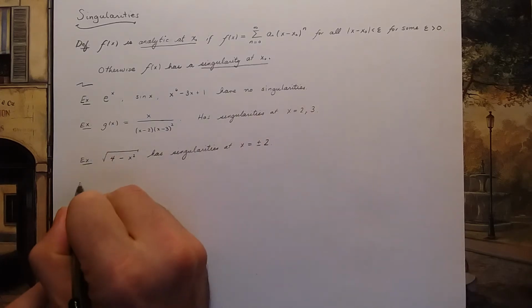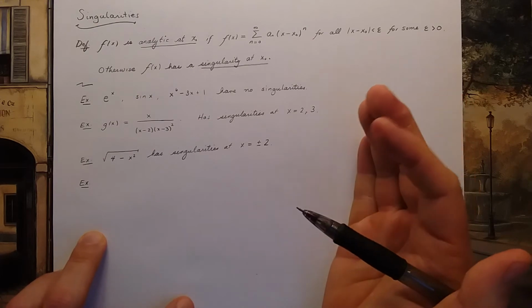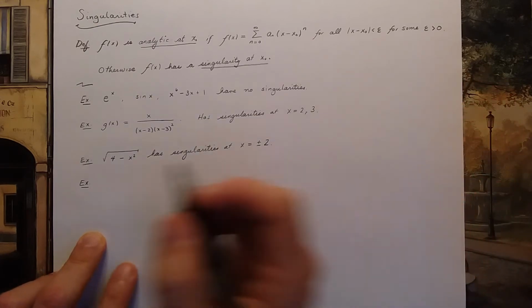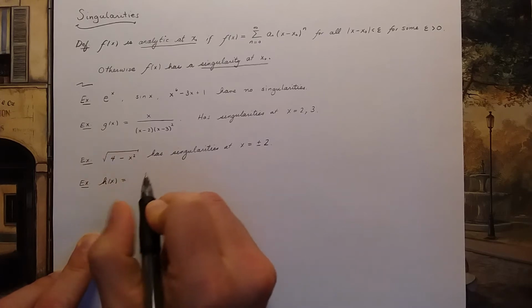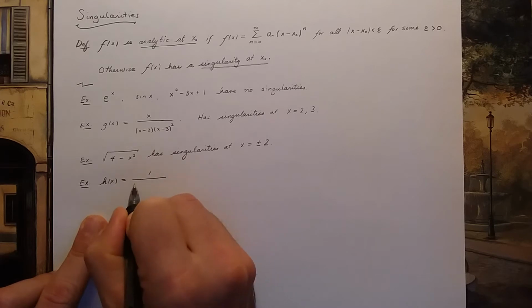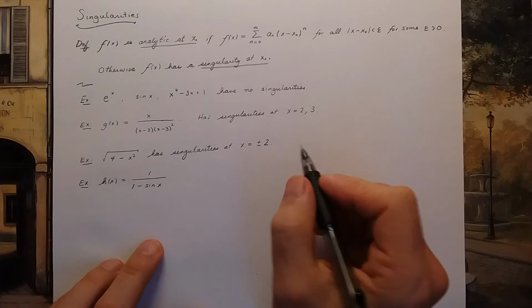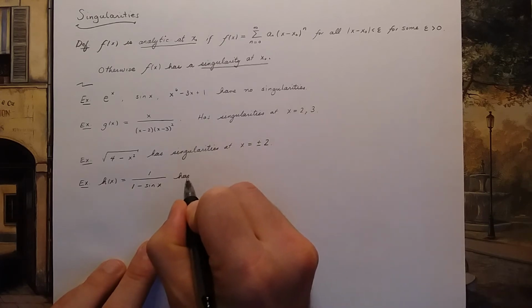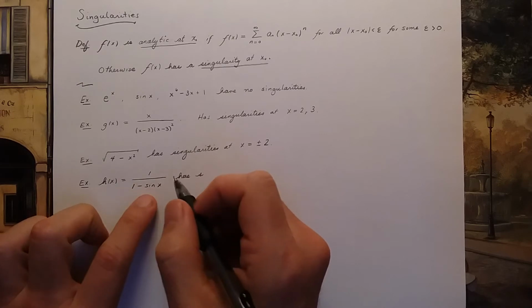Now, most of the time for us in our examples, identifying singularities is actually pretty easy. So let's do another example. Let's say I have h of x, equal to 1 over 1 minus sine x. Well, this has singularities whenever I'm dividing by 0. And for us, that's most of the time going to be the problem.